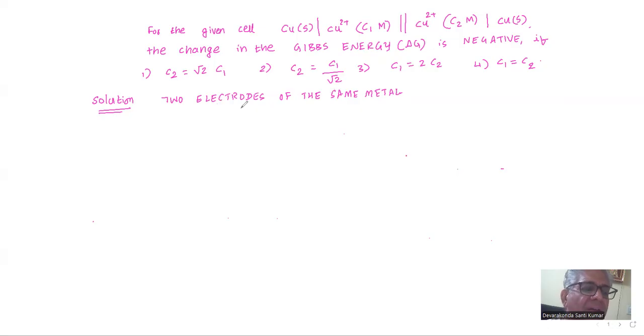So therefore, two electrodes of the same metal are dipping in a solution of metal ions of different concentrations.